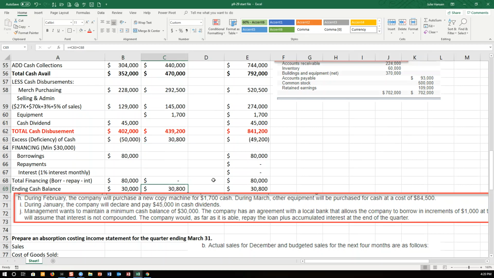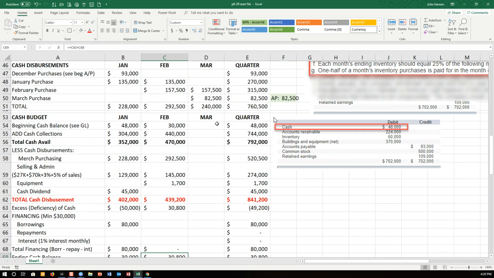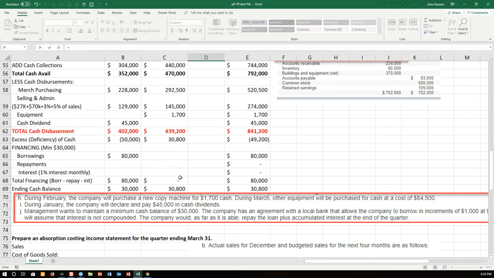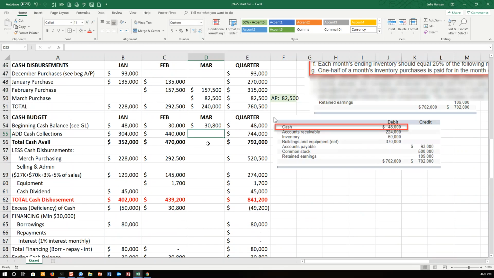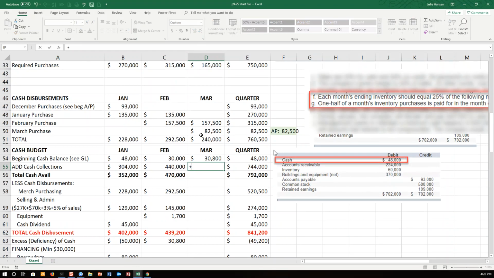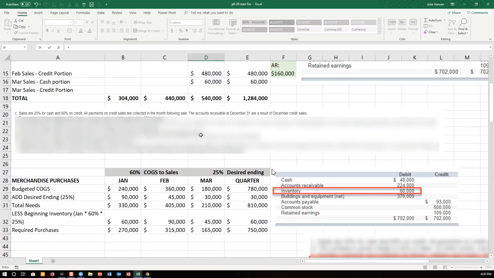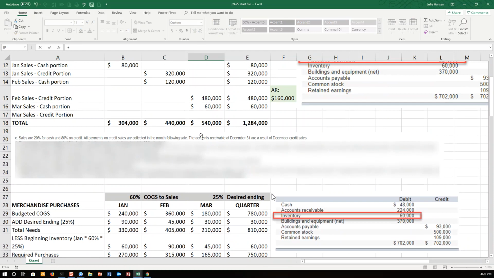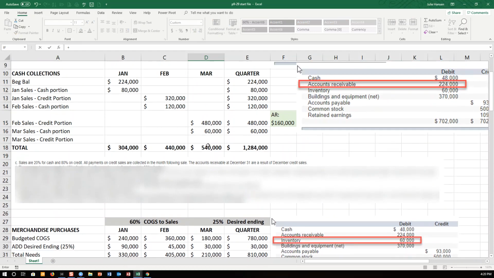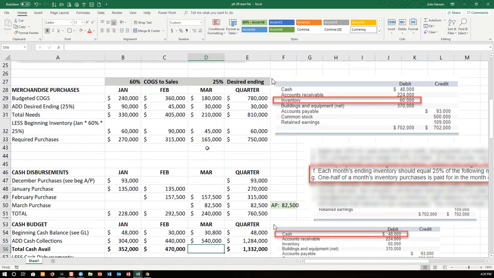Now this is going to become my beginning balance for March, so I'm going to grab the ending balance for February. I'm going to add my cash collections up here. If I go back up to my cash collections, there they are. Okay, and then I add those two things together.